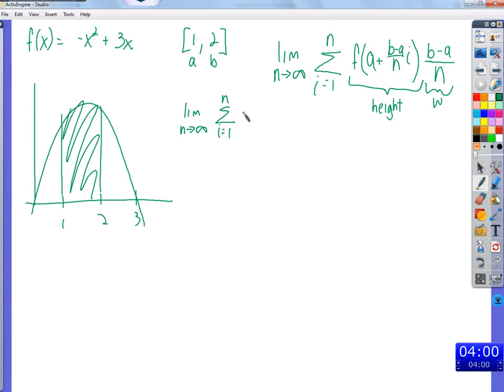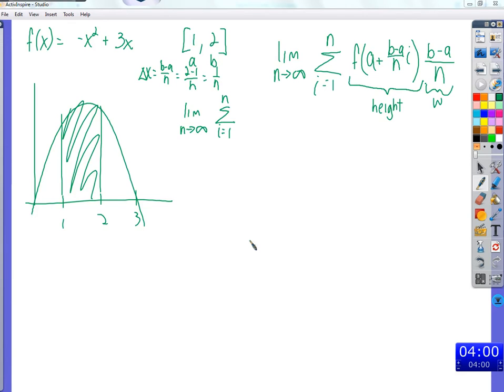So b minus a, or delta x, will be 2 minus 1 over n, which will be 1 over n.